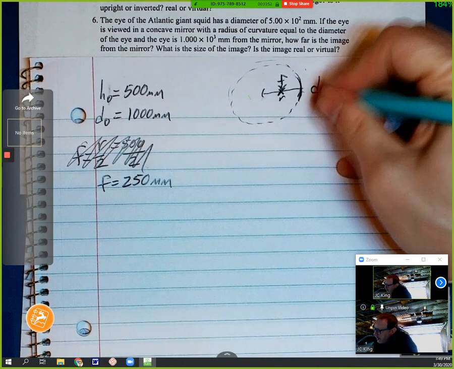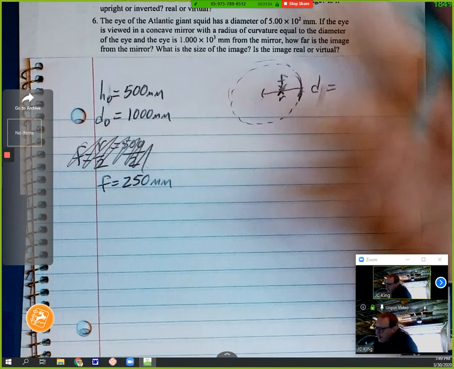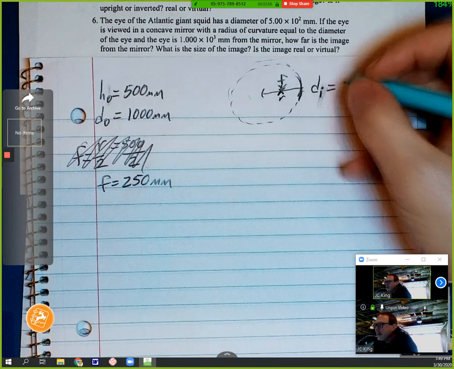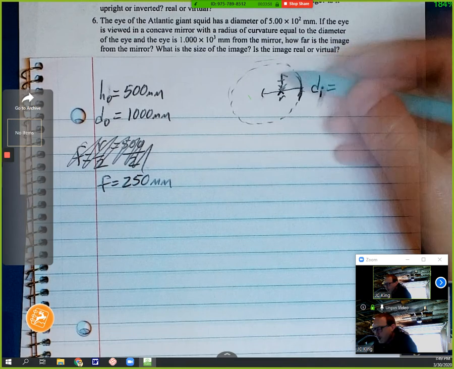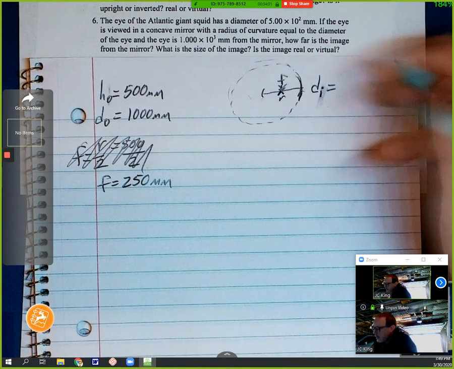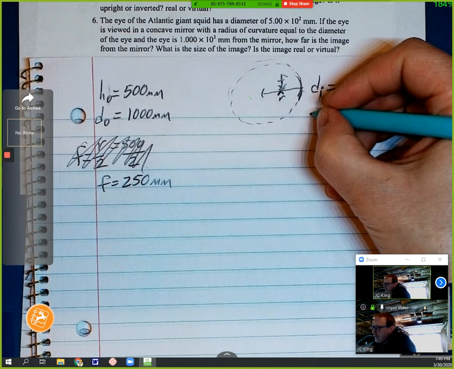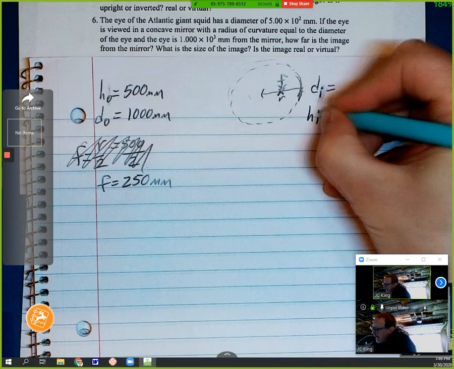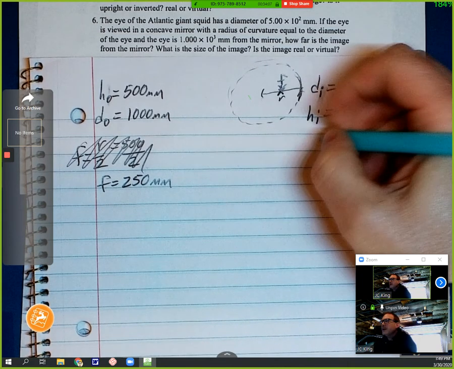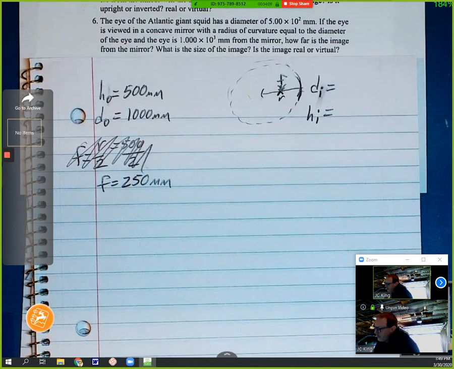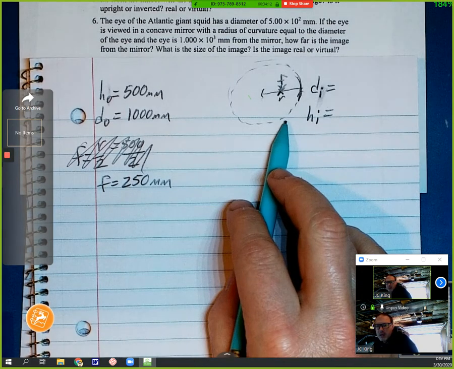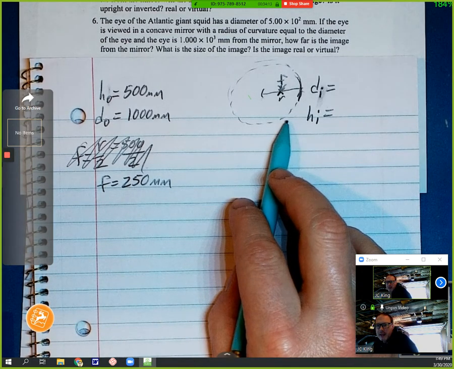That's DI. I know. Thanks. All right. That's why I pay you the big bucks. Keep me on the straight and narrow here. How far is the image? So that's going to be DI. What size is the image? That's going to be HI. And then is the image real or virtual? Again, we're looking into a concave mirror here.